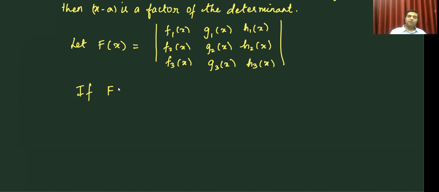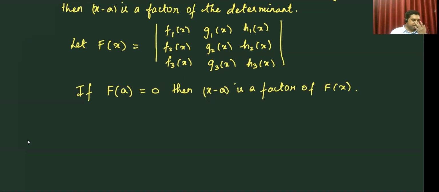So if f of a is equal to 0, then x minus a is a factor of f of x. Very simple. This is simply like the factor theorem only. There's nothing more to this. This property is simply based on the factor theorem of polynomial equations.